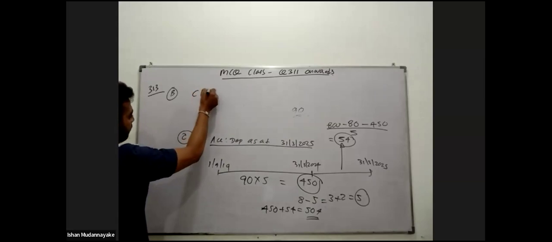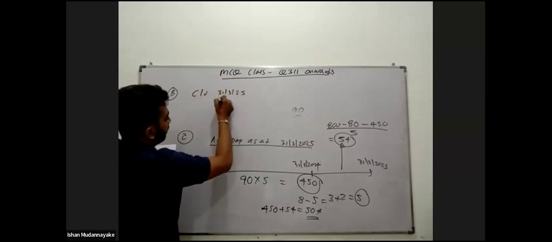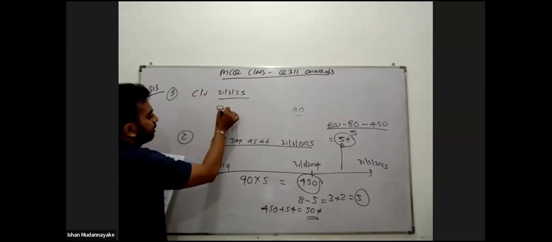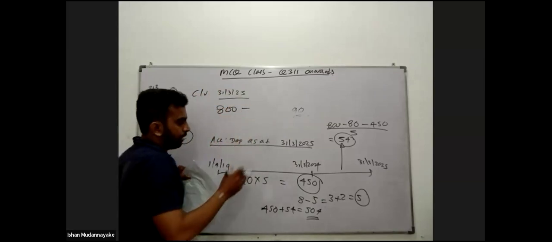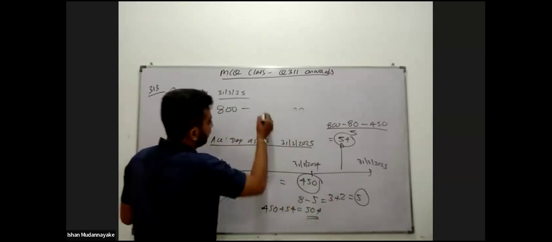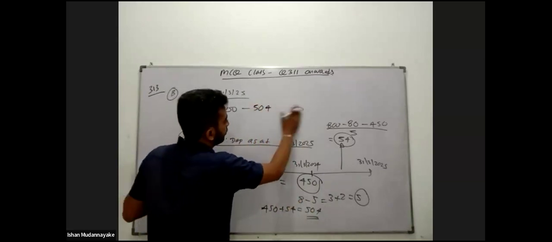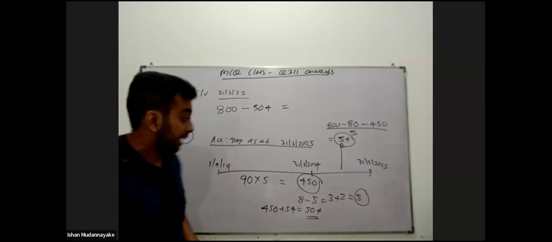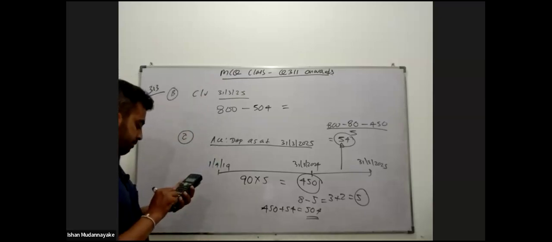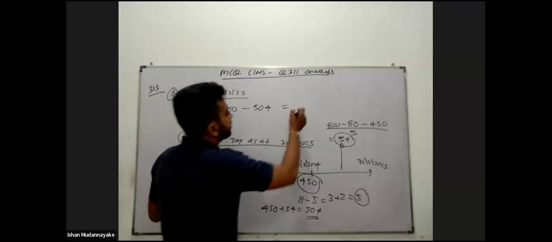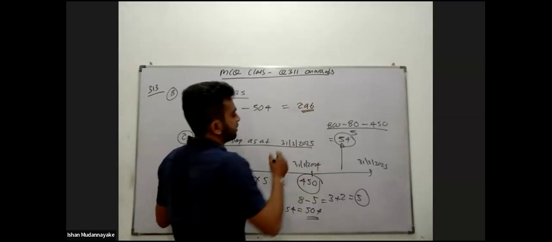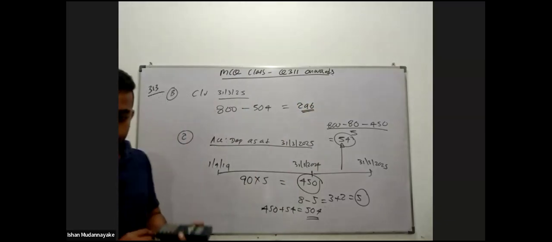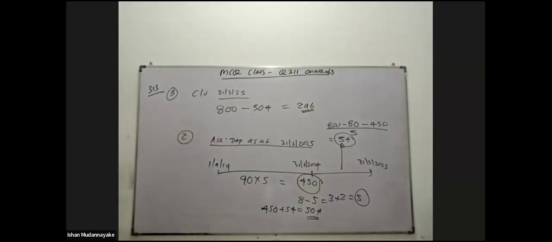Carrying value is cost 800,000 minus accumulated depreciation 504. That is 800 minus 504, which gives 296. The carrying value as of 31st March 25 is 296.